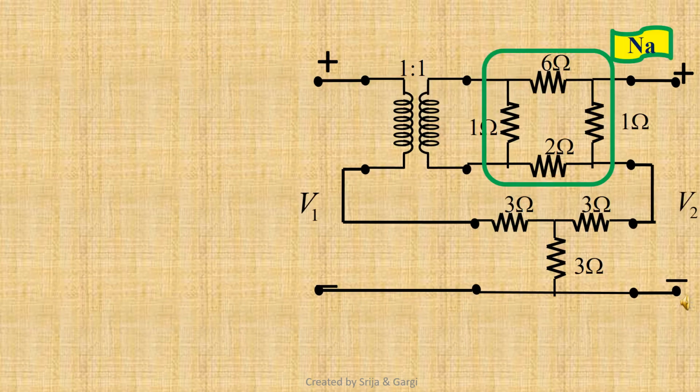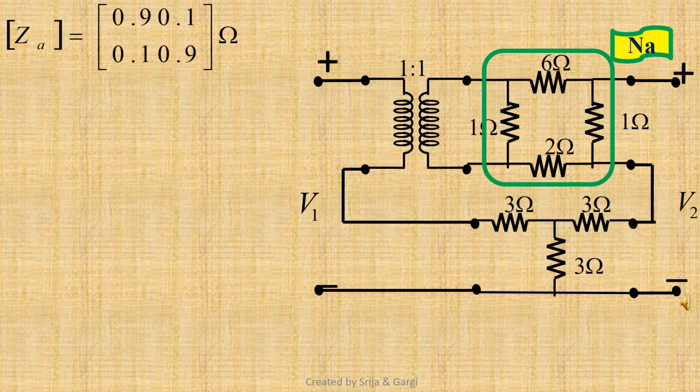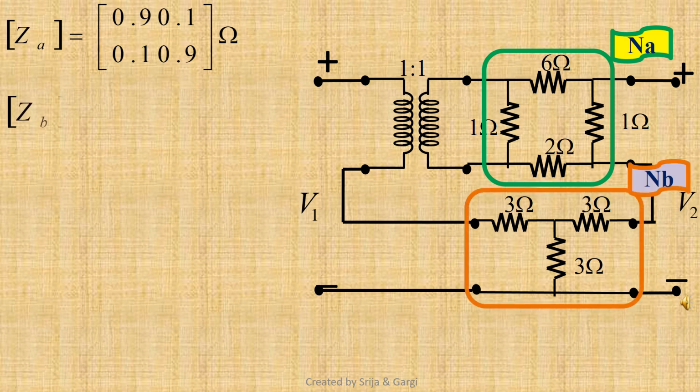So, the matrix of ZA equals the matrix of 0.9, 0.1, 0.1, 0.9. The matrix of ZB equals the matrix of 6, 3, 3, 6. We know that the overall Z parameter matrix of series connected two-port networks is the sum of the Z parameter matrices of each individual two-port network connected in series.